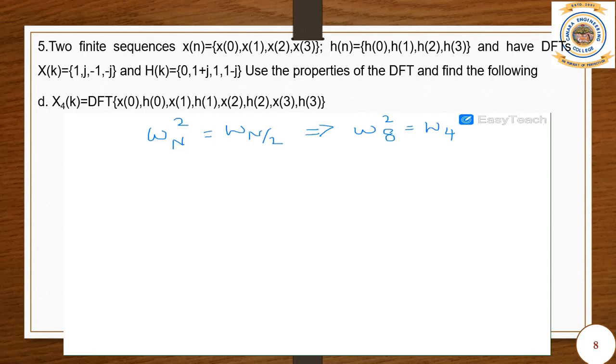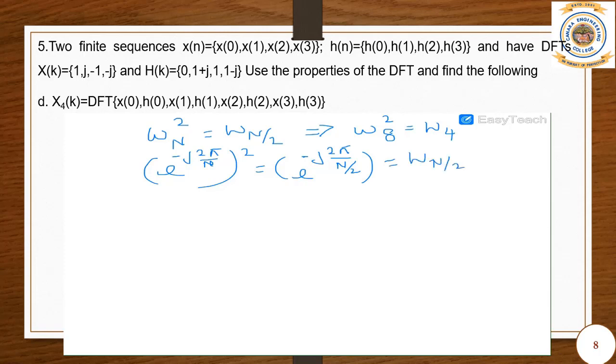In general, let me prove: e to the power minus j 2 pi by n, squared, is equal to e to the power minus j 2 pi divided by n by 2. So this is Wn by 2.